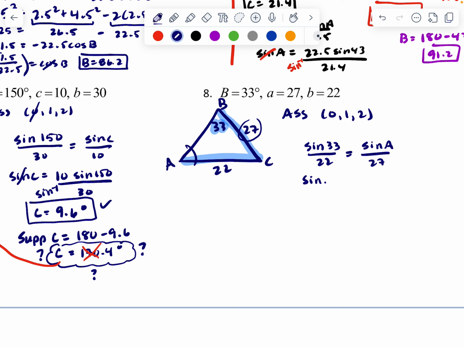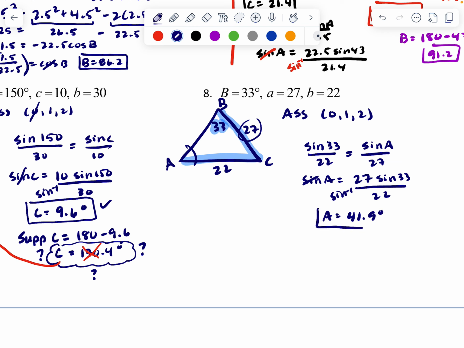So sine of A, I'm going to cross multiply and divide, and then take its inverse. So let's see what A equals. If I plug this in, I'm going to have sine inverse of 27 sine of 33 divided by 22. And that gives me 41.9. So I got angle A is 41.9 degrees.